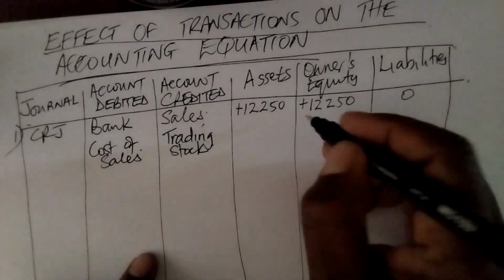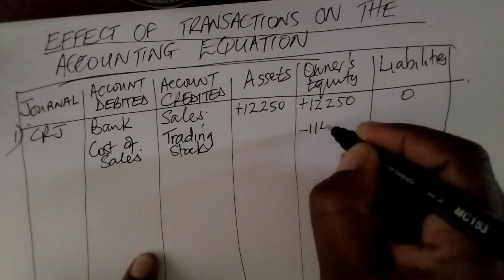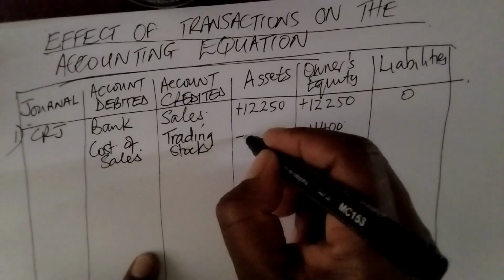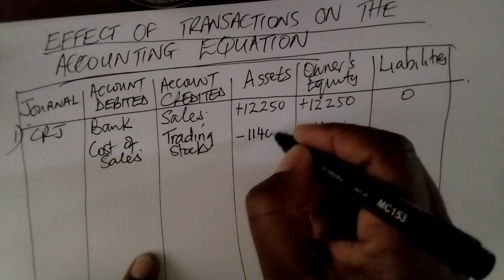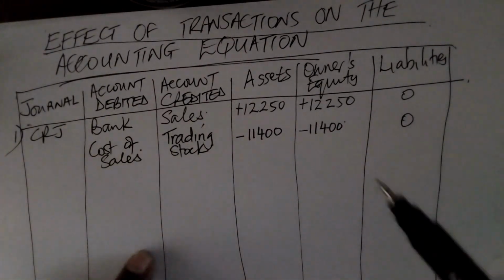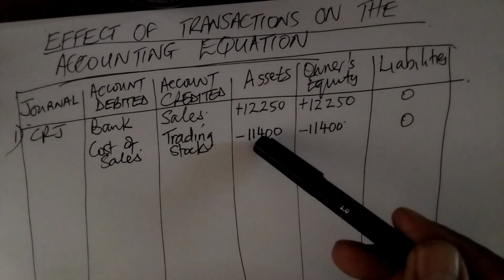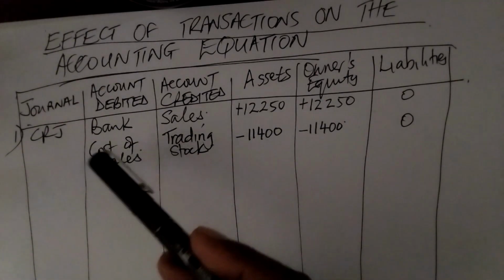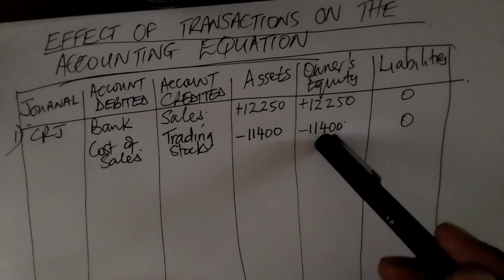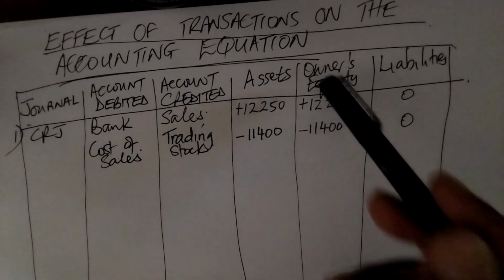So your owner's equity is going to decrease by 11,400. Your assets is also decreasing by 11,400. Why? Because stock has been sold, so assets must go down. Cost of sales, we've sold stock, so that creates a cost there, that creates an expense there, which reduces your owner's equity.